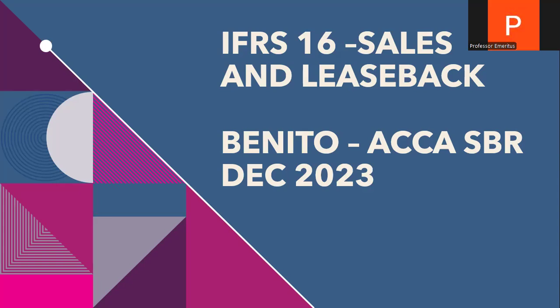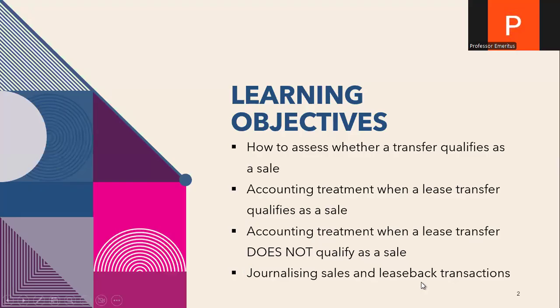At the end of this lesson, these are the objectives that we hope you should achieve. You should be able to assess whether a transfer between the person we call the seller lessee to a buyer lessor qualifies as a sale.